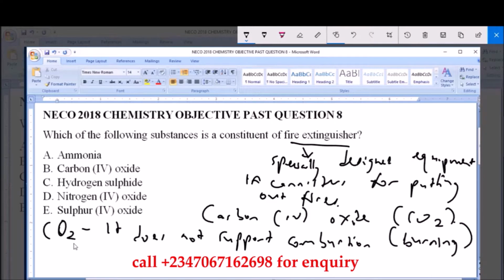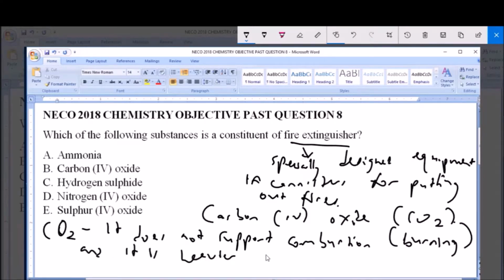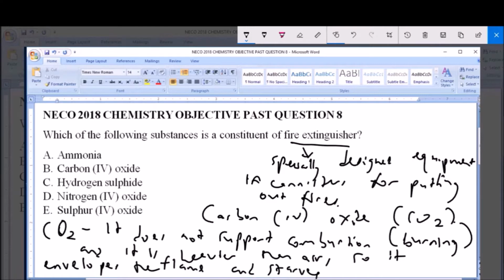So it does not support combustion, and it is heavier than air, so it envelopes the flame and starves it of oxygen supply. This is the mechanism of action of CO2, or carbon dioxide, that makes it used as a constituent of fire extinguishers. So carbon dioxide is option B and is the correct answer to this question.